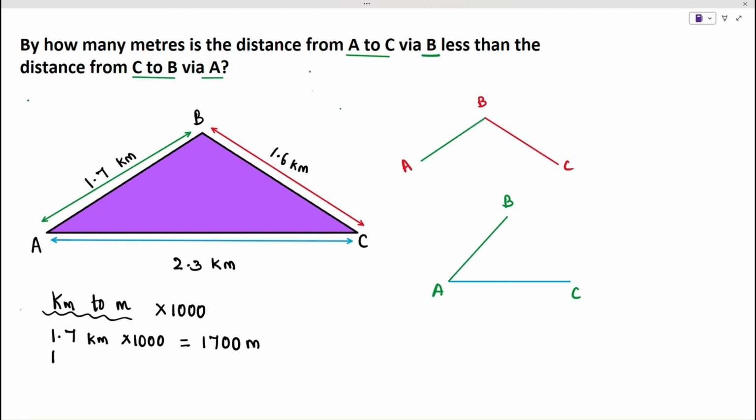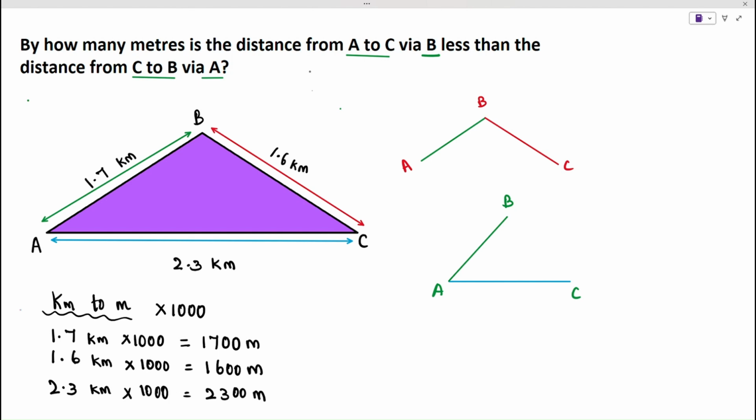Then 1.6 times 1000 gives us 1600 meters. And finally 2.3 times 1000 gives us 2300 meters.